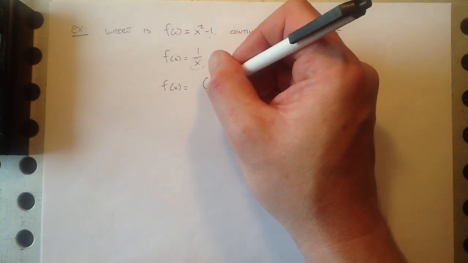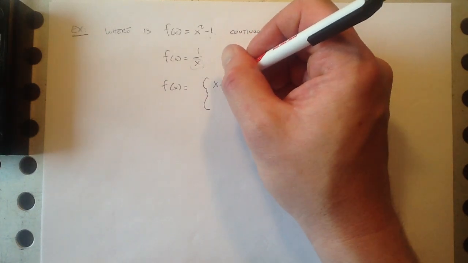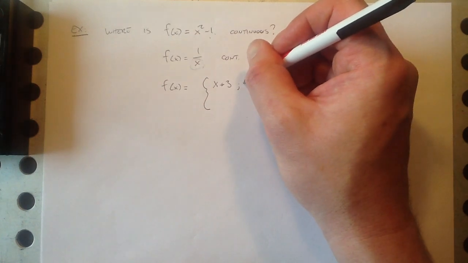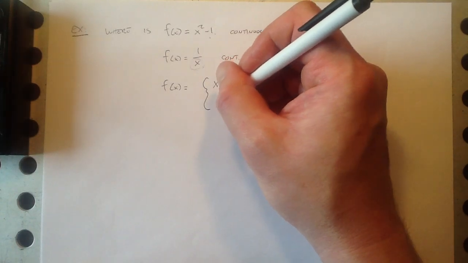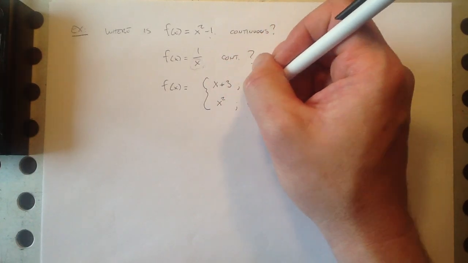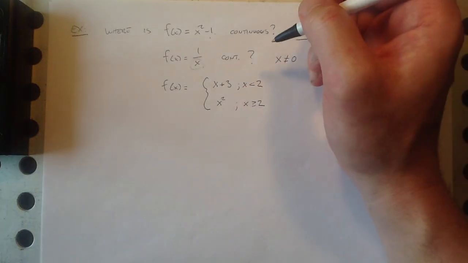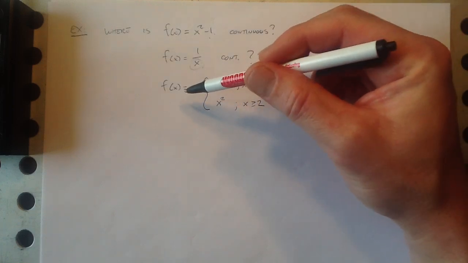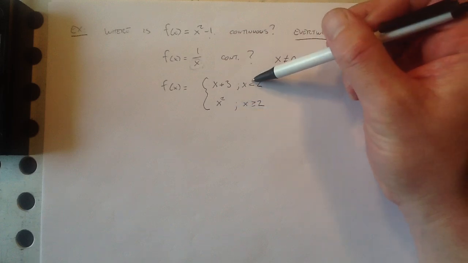How about the function here? It's a piecewise function, right? You know how this works. If you want to find f of something, where should you plug it in? Into which piece? Well, it depends.